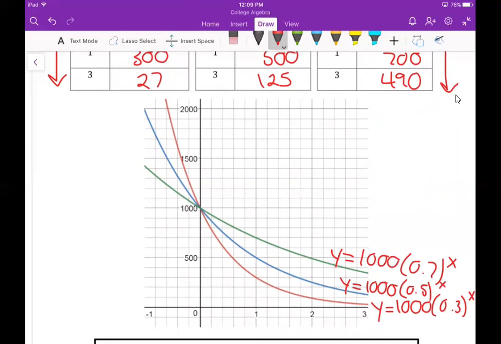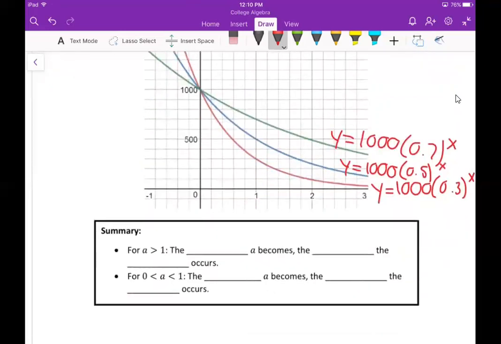Okay, so that almost happens in reverse, right? The bigger the growth factor, the faster the growth. However, the smaller the decay factor, the faster the decay. And we'll summarize that here in this summary. So let me say that one more time. For growth, the larger A becomes, the faster the growth. And we like that larger makes the growth faster.